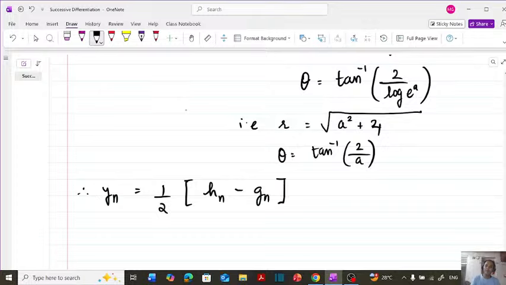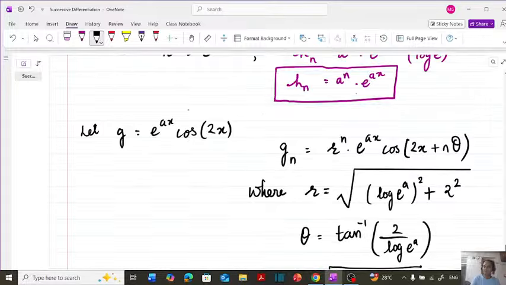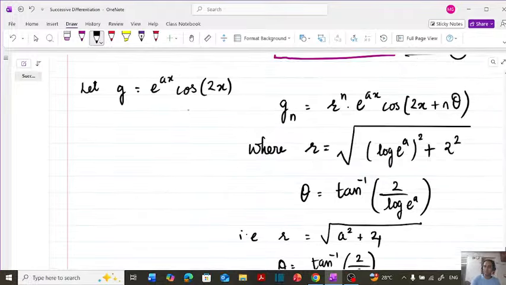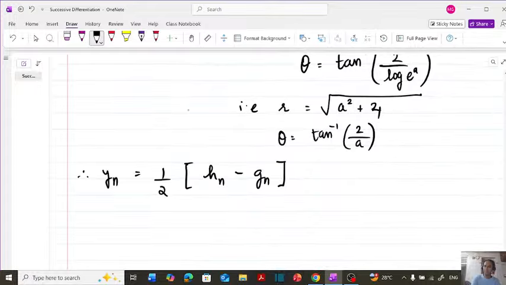If you want to tag them, you can put equation number 1 and equation number 2, but it's not going to make any big difference because it's a very long expression. You need not write it over and over again. Okay, are you clear with this?